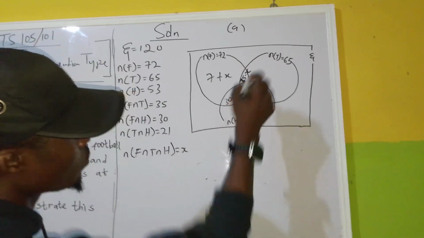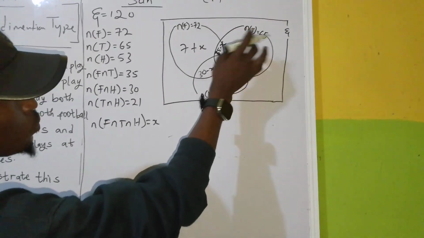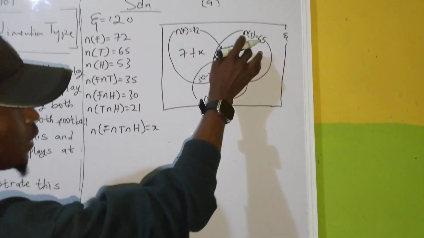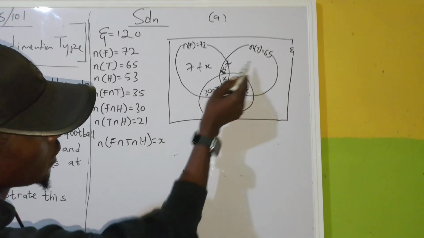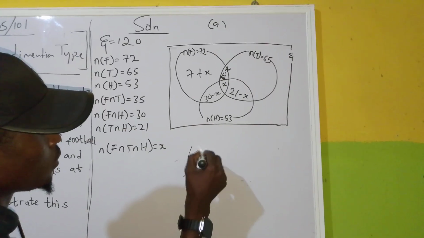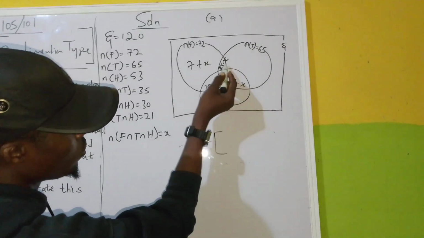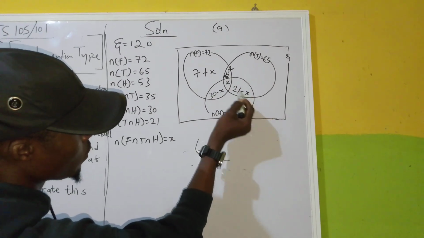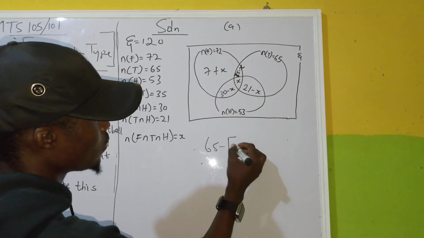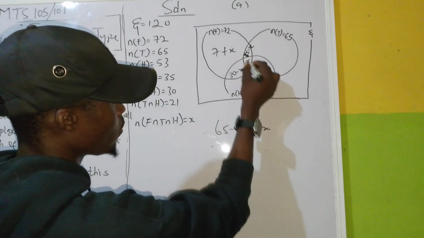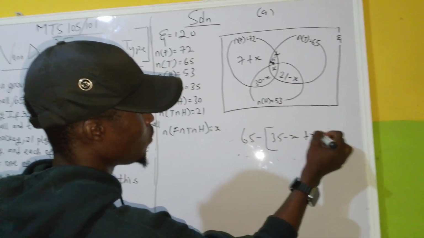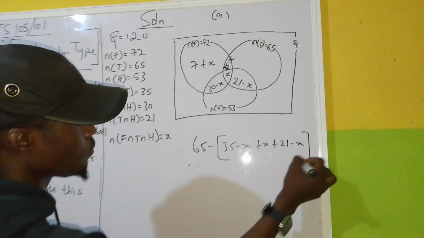Alright, so to get the value you are going to put inside table tennis, exactly table tennis, you can see this is the circle of table tennis. Table tennis is 65. You minus all those things you can notice inside the circle of table tennis that are connected with table tennis. Now 35 minus x plus x plus 21 minus x.